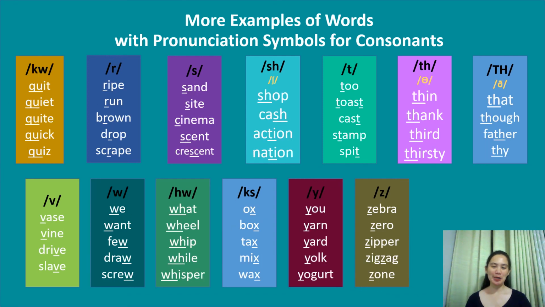Let's go to more examples of words with pronunciation symbols for consonants. Qu: quit, quiet, quite, quick, quiz. R: ripe, run, brown, drop, scrape.